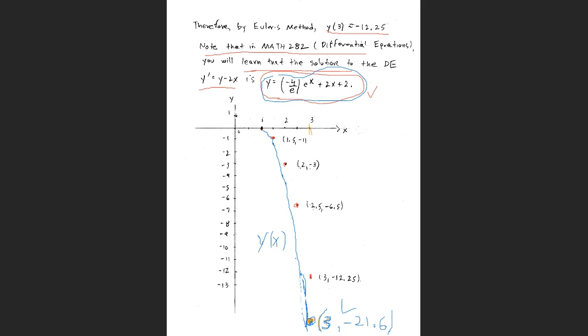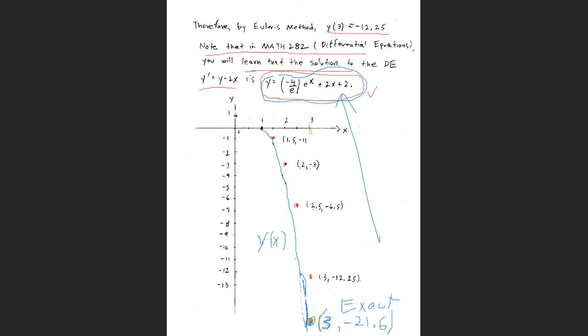This here is the exact value. And the way I got that exact value was I plugged x equals 3 into my solution. So how did the approximation do? The exact value of the solution when x equals 3 is negative 21.6.